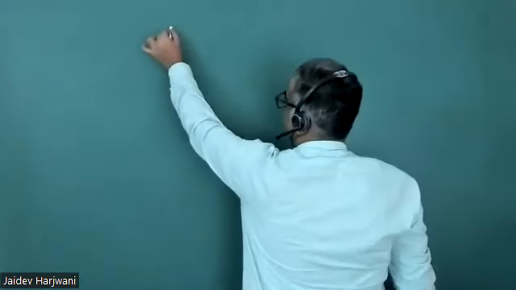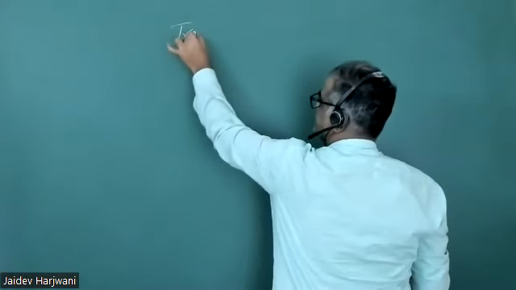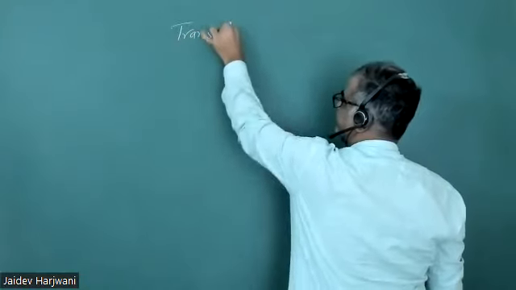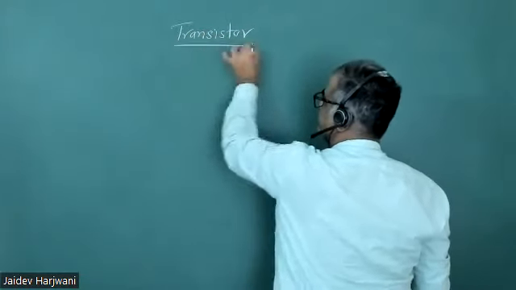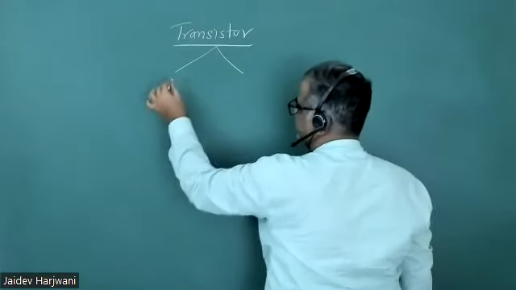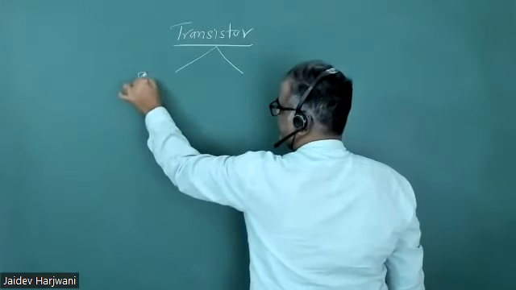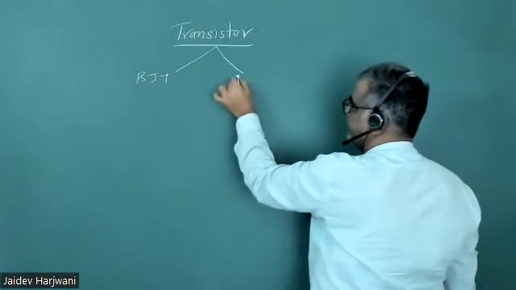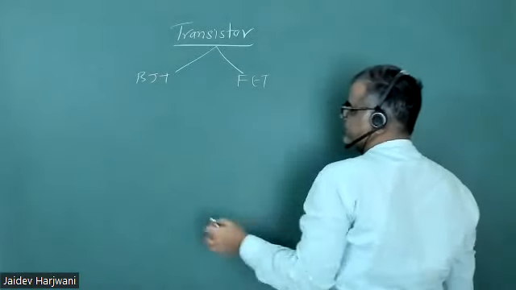Now we're starting transistors. Basically there are two types of transistor. One is called BJT and one is called FET.